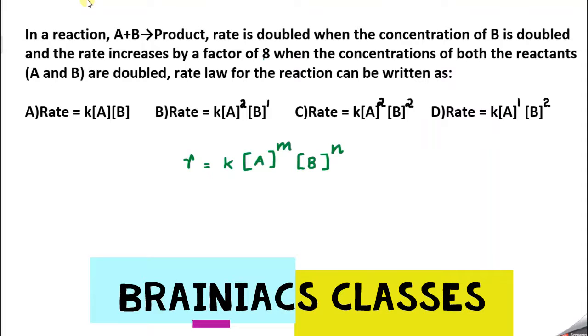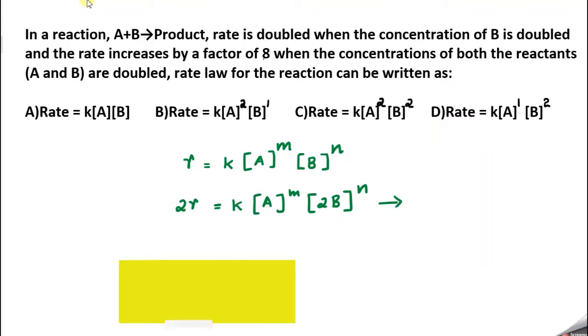It was told that the rate is doubled when the concentration of B is doubled, initial case. So we say the rate is doubled means 2 times R. What is happening when the concentration of B is doubled? A is the same and the concentration of B becomes 2B, correct? 2B raised to n. This is equation 1.